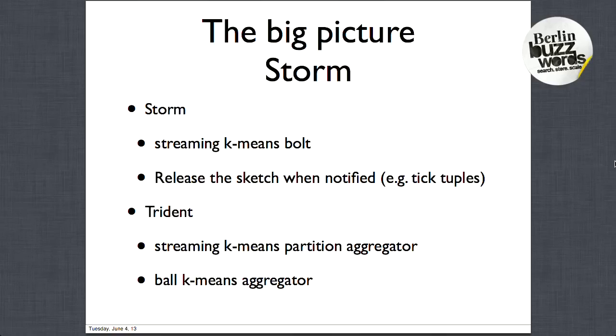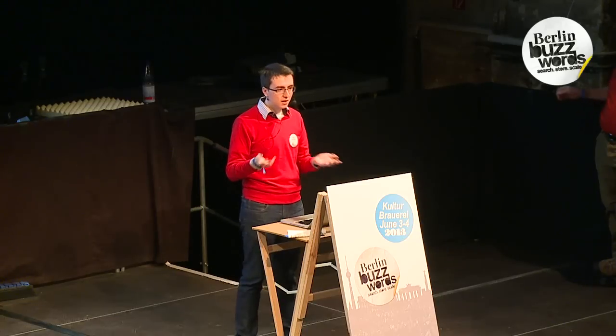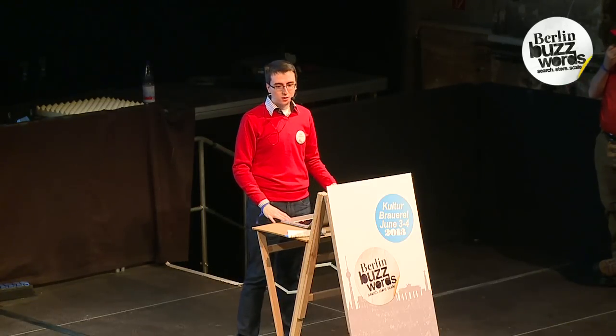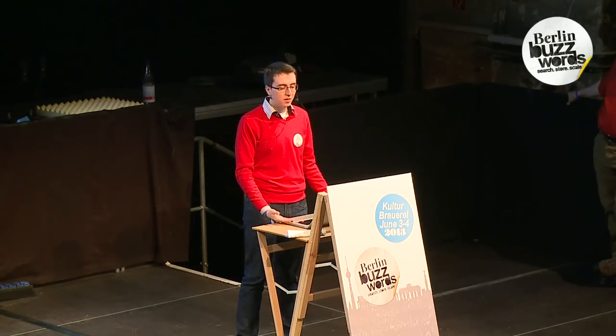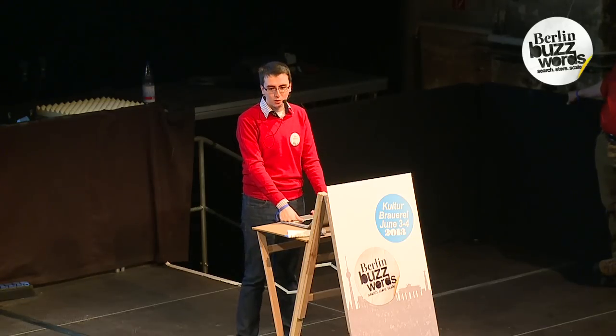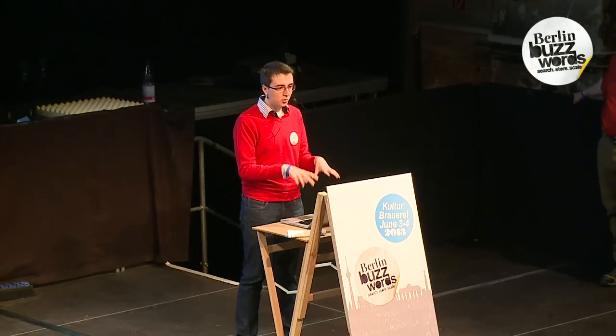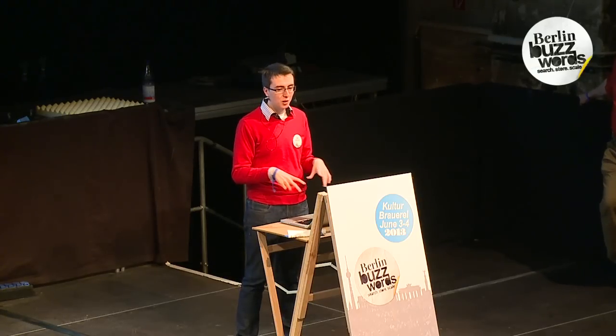So we can just do streaming k-means in one bolt, where each point comes in through the bolt. We're going to cluster it with what streaming k-means does, and periodically, or based on some signal or something, we're going to emit the approximation that we have. That's basically the use case. And you can do that. You can do anomaly detection or stuff using this. But the code to actually do this, I have it, it's in a GitHub repo.